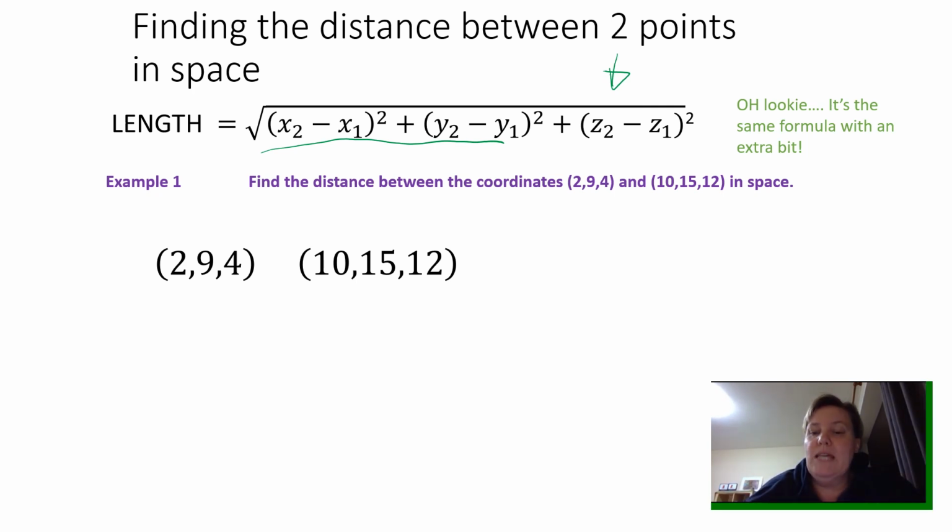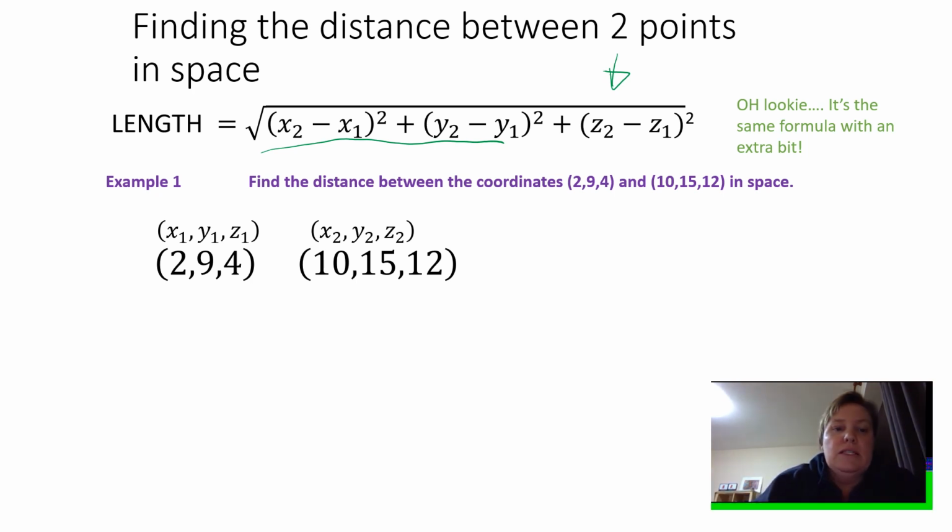But we're going to do exactly the same as we did before. Notice I have labeled my points. So instead of having x and y, I've now got x, y, and z. This is number 1. This is number 2. And it's as easy as basically finding the right number in the coordinate and sticking it into the equation here.